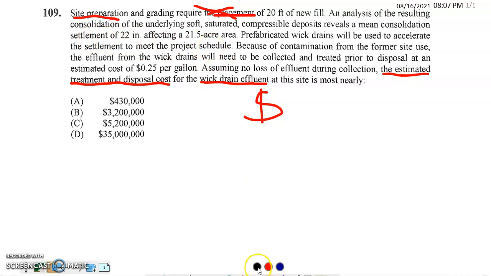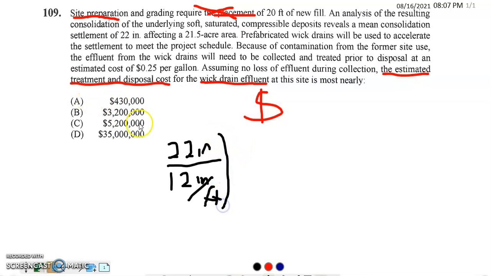Let's do the math. Let me change my red pen to black pen. First of all, we need to get the volume of the construction site. So 22 inches divided by 12 inches per foot, because I'm trying to end up with feet.